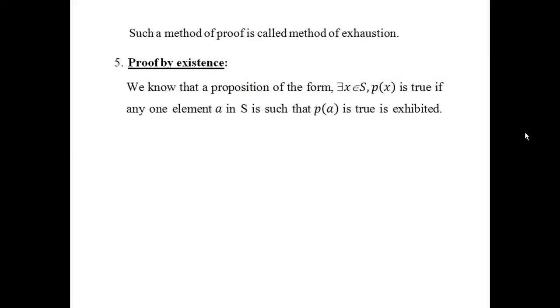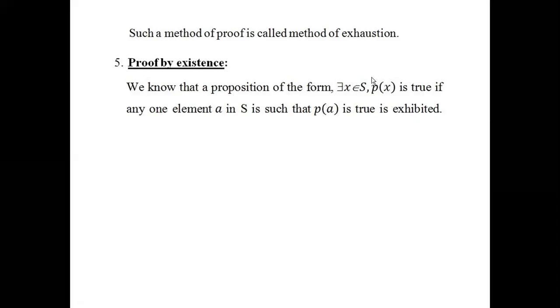Next is proof by existence. We know that a proposition of the form for some x belonging to the universe S, P of x is true if any one element A in the universe is such that P of A is true is exhibited.